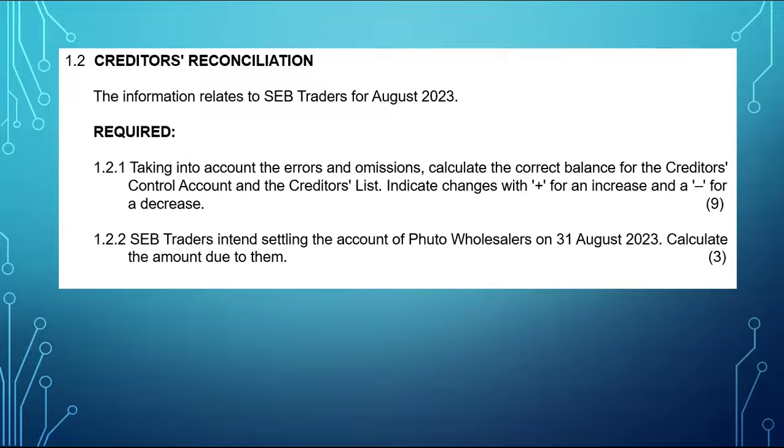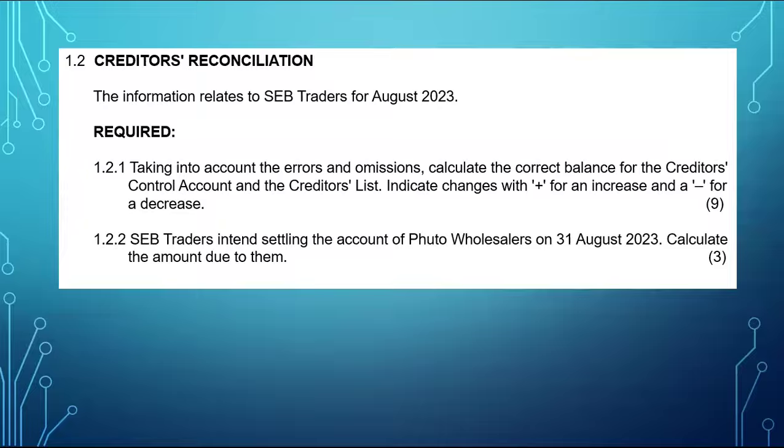They didn't really ask us to prepare the main creditors reconciliation statement. We're just reconciling our creditors control account with the total of the creditors list. That's what we're doing here. And there's what we call creditors reconciliation statement.